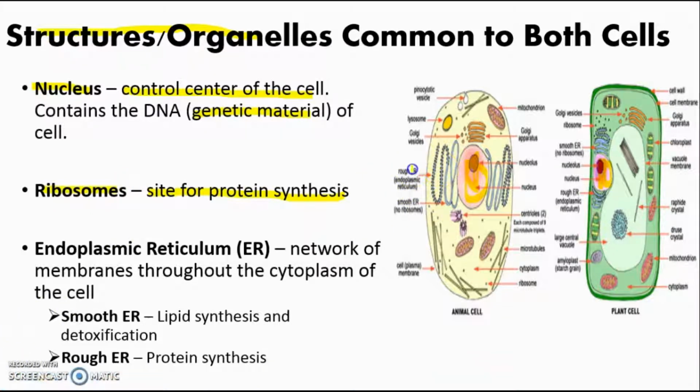Ribosomes can be found suspended all throughout the cytoplasm of the cell. These little dots you can see in the plant and animal cell are ribosomes. You can also find ribosomes attached to the endoplasmic reticulum, specifically the rough endoplasmic reticulum, just like this one.